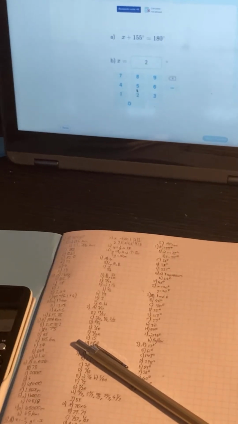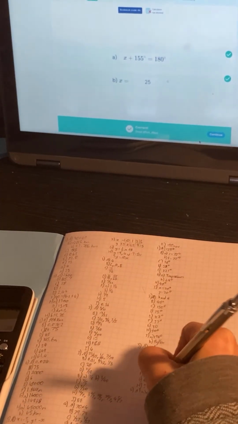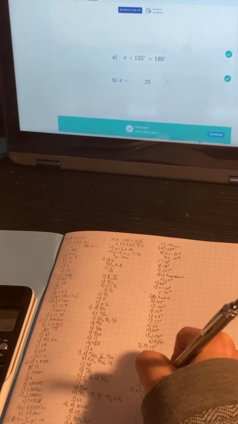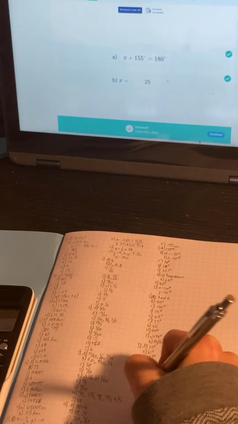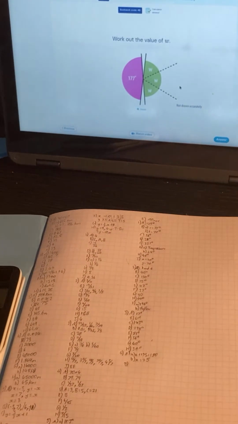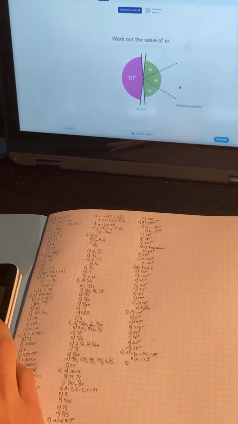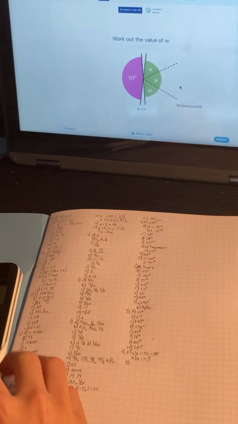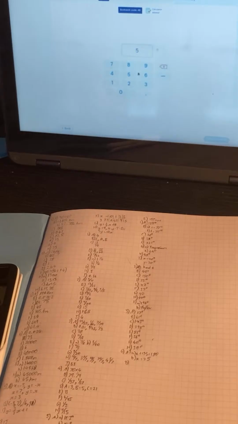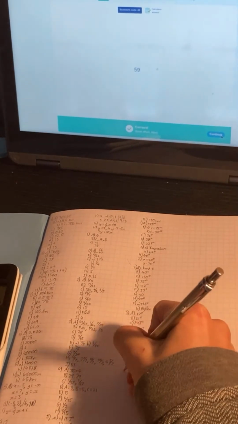Should be 25 degrees. Yep. So x plus 155 equals 180. B is x equals 125. Value of W. What? No, it's just 177 divided by 3. Yeah, it is a nice number, surprisingly. 177 seems quite prime to me.